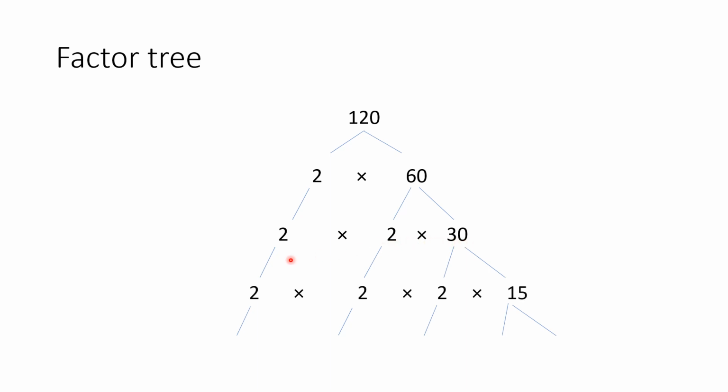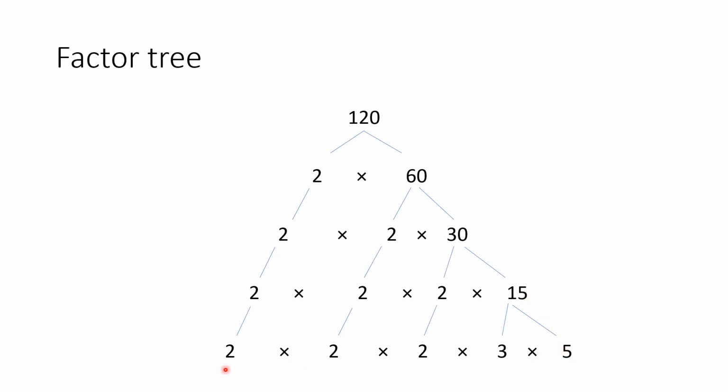Then there is one branch for this 2, but for 30 there will be two branches, 2 and 15. Then in a similar way, there will be two branches for 15, 3 and 5.